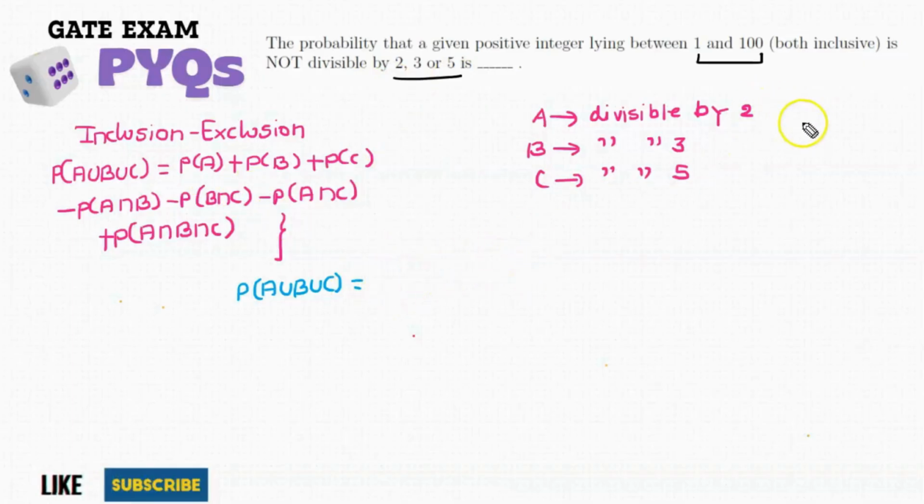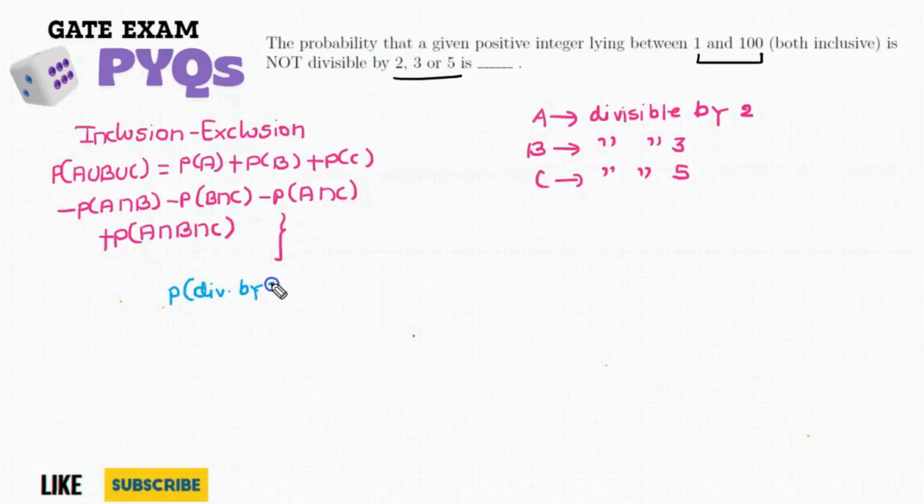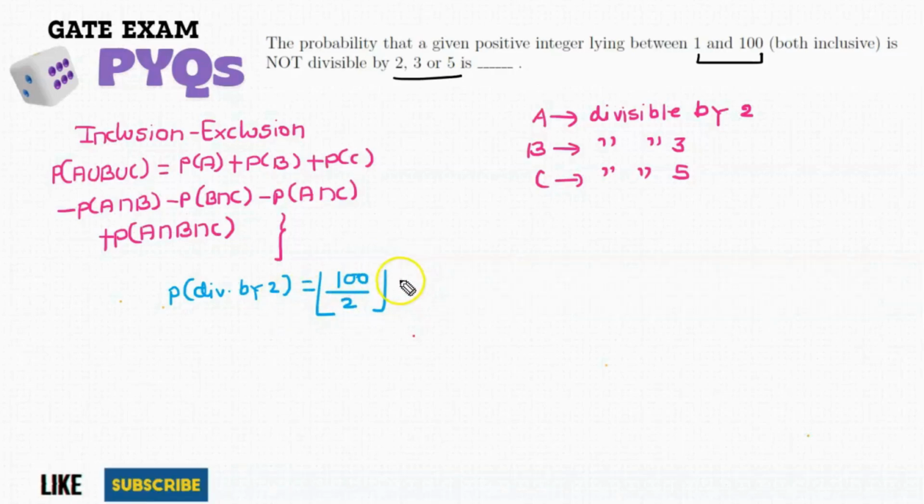What is the probability that it is divisible by 2? We can calculate it separately here first, then we will apply. I'll give you a rough idea of how to calculate this. Total how many numbers do we have? 100. To count this, we use the floor function: 100 is the total numbers, and for divisible by 2, this comes out to be 50.